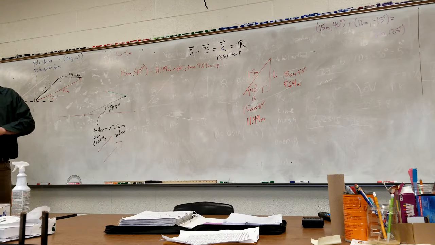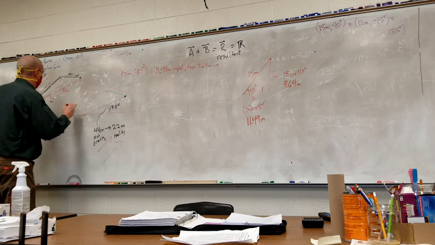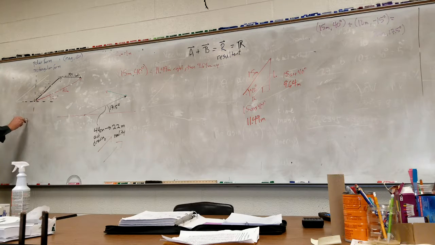So they came up with a way of doing it. It is known as the unit vector. It is a vector, so it has a magnitude and direction. The magnitude is 1. No units, just 1.